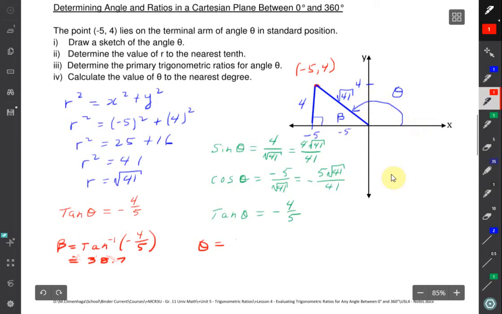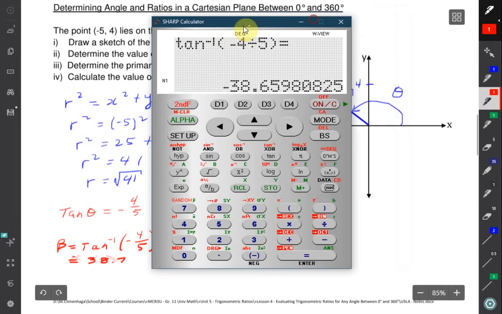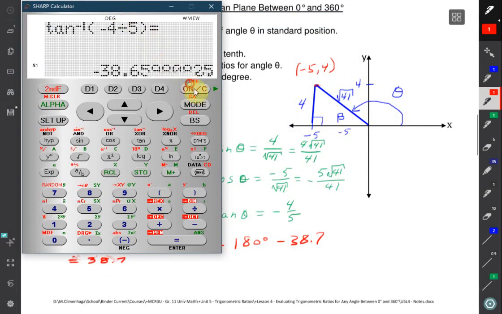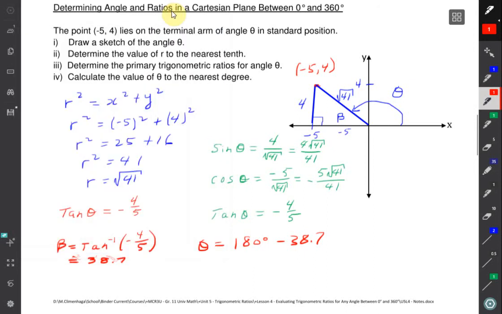Theta is equal to 180 degrees minus 38.7. That gives us 141.3.